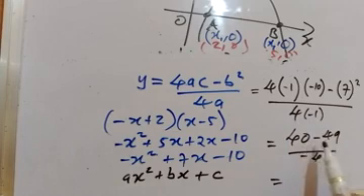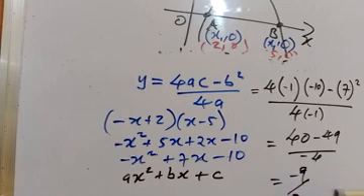Then 40 minus 49, you have negative 9 over negative 4. Then these will cancel, so your answer will be 9 over 4. So this is your answer. Very simple.